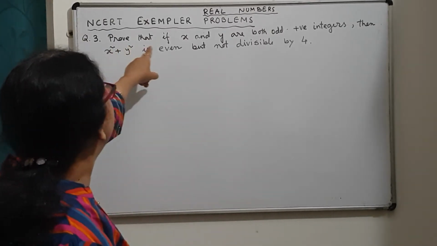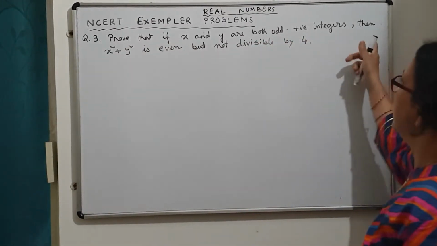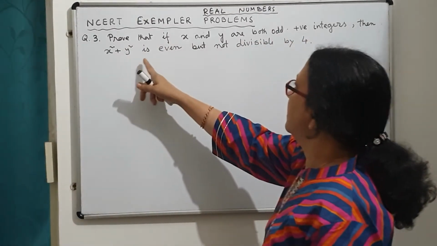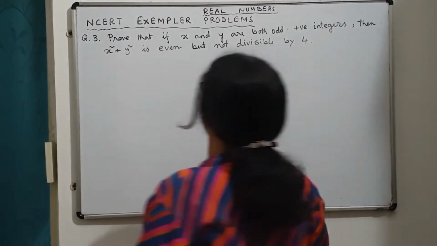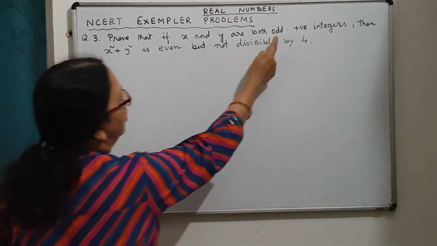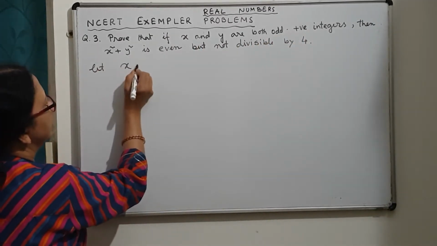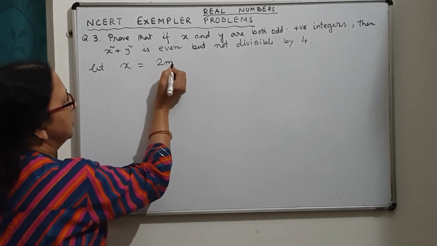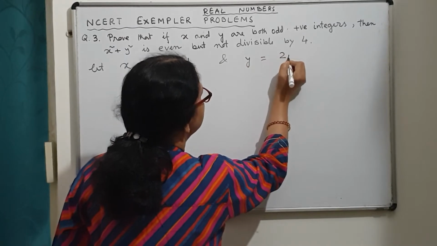Next question. Prove that if x and y are both odd positive integers, then x square plus y square is even but not divisible by 4. Since they are odd positive integers, let x equal twice m plus 1 and y equal twice n plus 1.